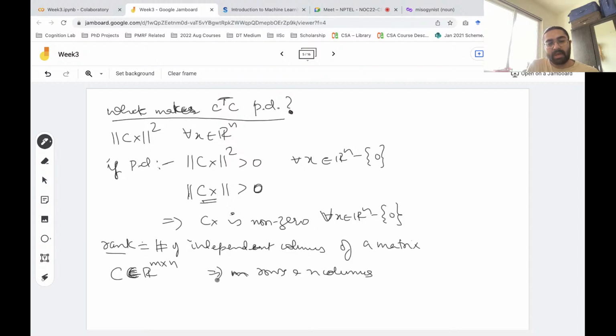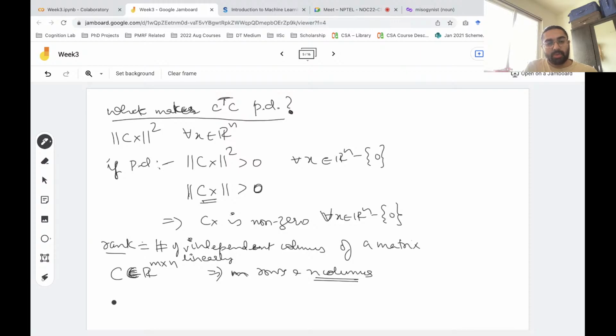We're trying to ask how many of these columns are actually linearly independent. So what is linear independence? Basically that I cannot express any given column as a linear combination of other columns in this matrix C.